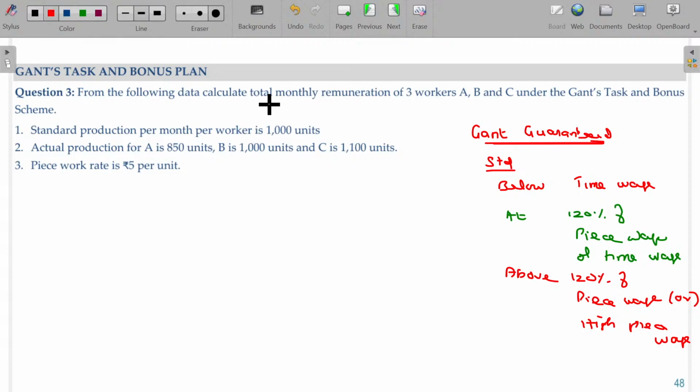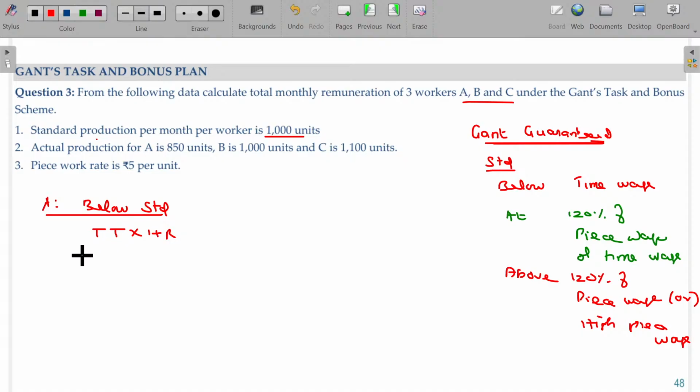From the following data, calculate the total monthly remuneration of three workers A, B, and C under Gantt task bonus plan. Standard production being 1000, A produced lesser. So for A, below standard. In case of below standard, time taken in the hourly rate will be the wages.